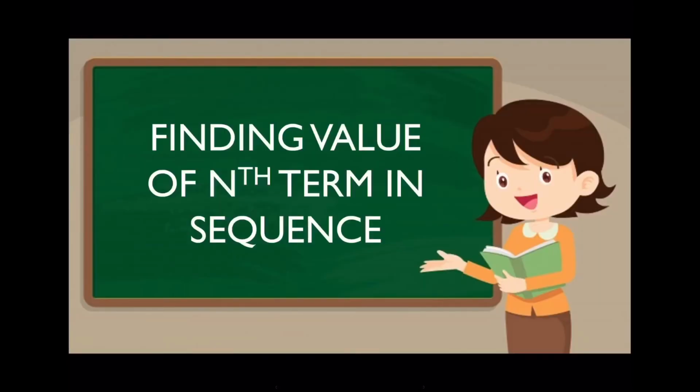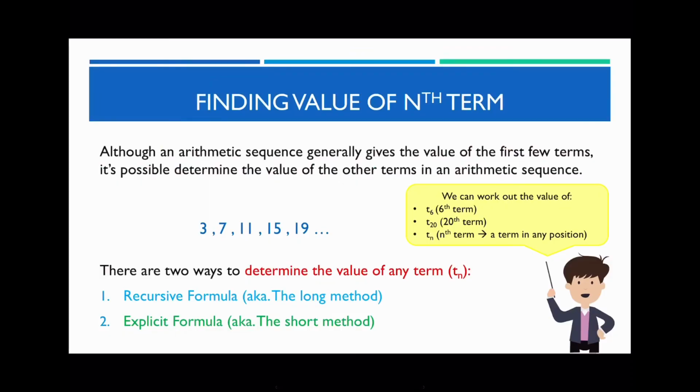We're now going to be looking at the last part of today's lesson, which is finding values of the nth term in a sequence. Now, what do I mean by the nth term? It just means if I was trying to find the value of any term or any position within an arithmetic sequence, I represent that by the letter n. So although an arithmetic sequence generally gives us the first few values, it's possible to determine the value of all the other terms in an arithmetic sequence.